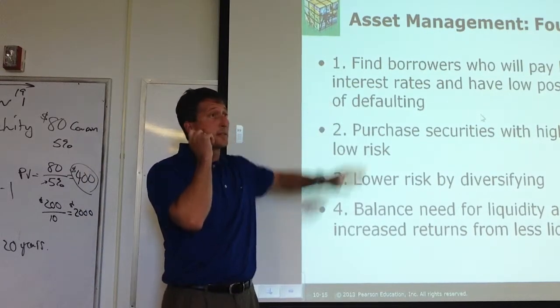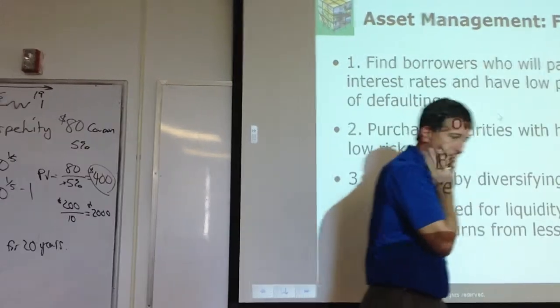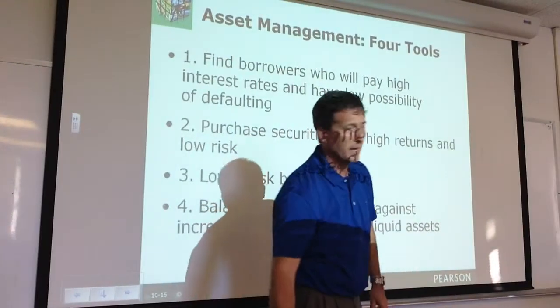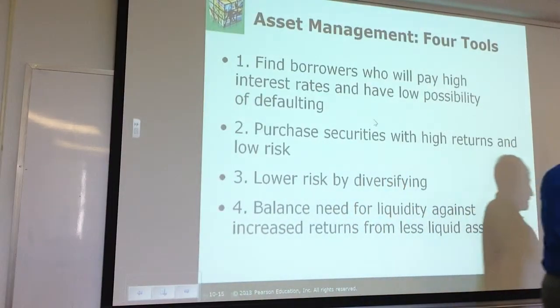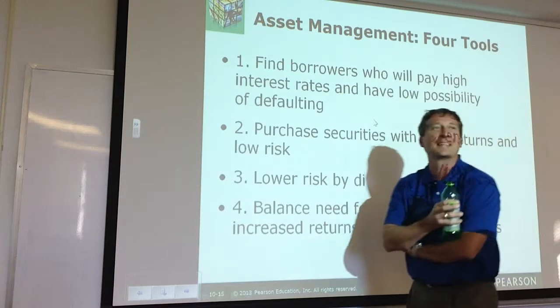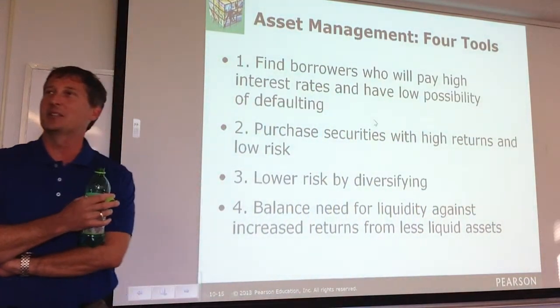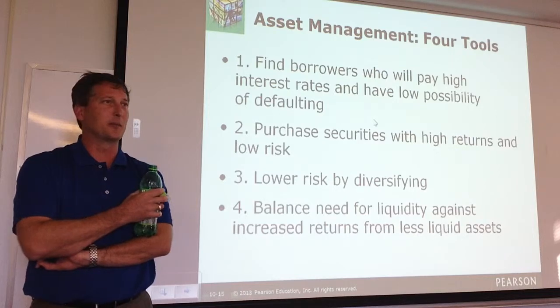How do we do this? Number one. What do banks do to do that? Find borrowers who will pay high interest rates and have the low possibility of defaulting. The perfect angel borrower. What do those banks do to do that?